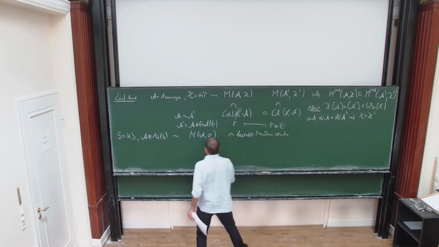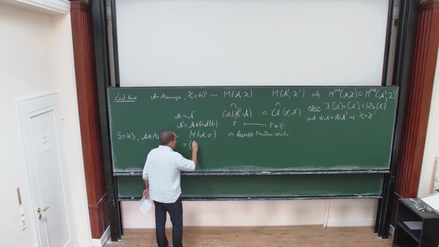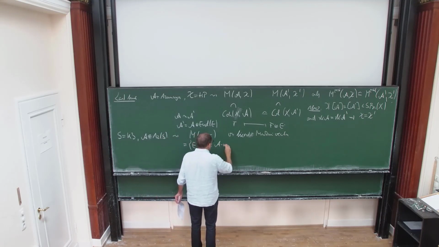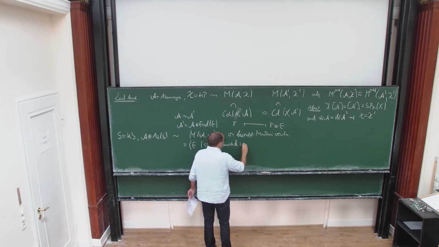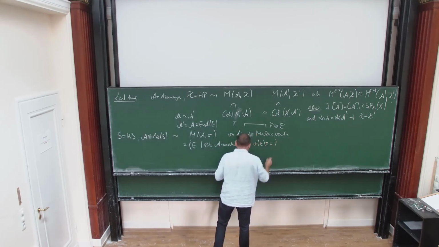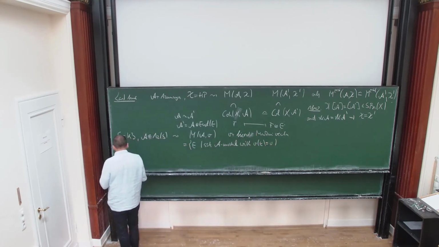So this would be the moduli space of semi-stable A modules with the given Mukai vector.